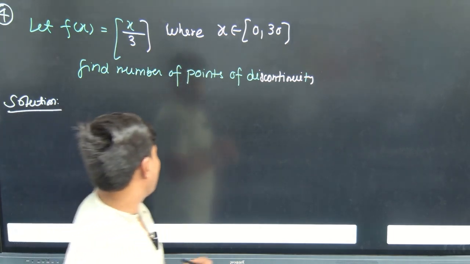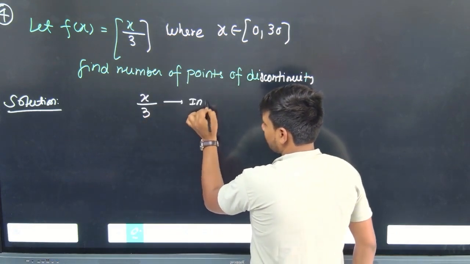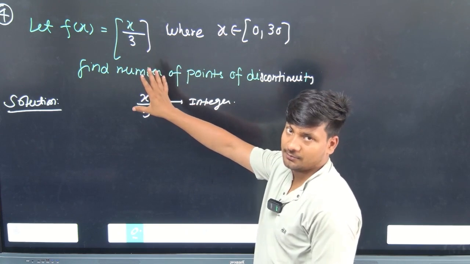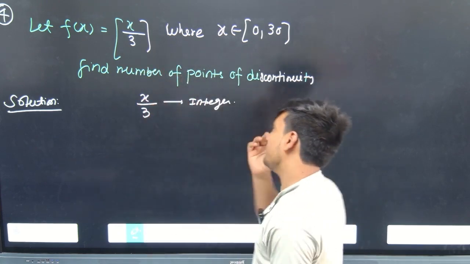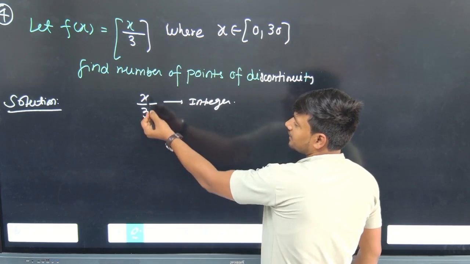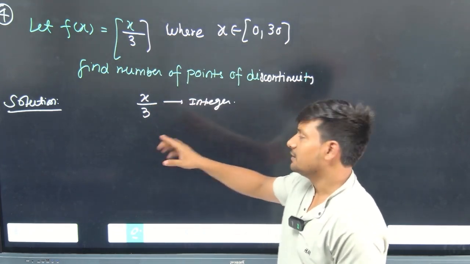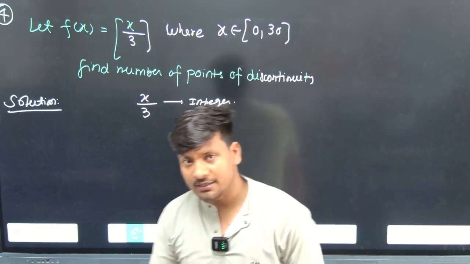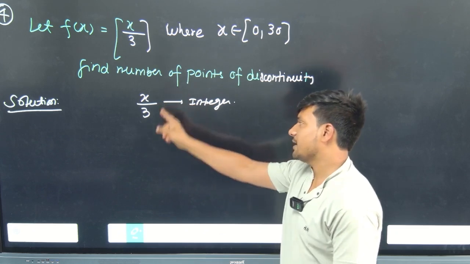So whenever x by 3 is an integer, this function will be discontinuous, right? This is the definition of continuity of the function. Now we can see that whenever we take x as a multiple of 3, this will give an integer. Suppose we take x equal to 3, then it will be an integer. Suppose we take x equal to 6, then 6 by 3 is an integer.